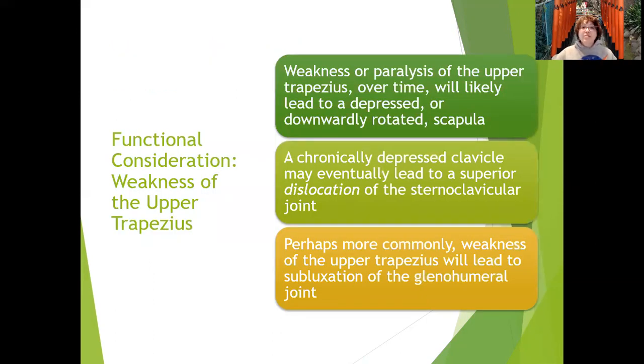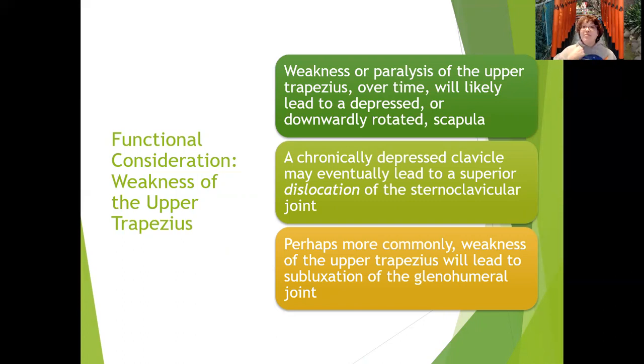So weakness or paralysis of the upper trapezius over time can lead to a depressed or downwardly rotated scapula. A chronically depressed clavicle may eventually lead to superior dislocation of the sternoclavicular joint, because if the scapula is depressed, that brings the end of the clavicle down, and it makes the other end of the clavicle, the proximal end, tend upward, and it can lead to superior dislocation of the sternoclavicular joint.